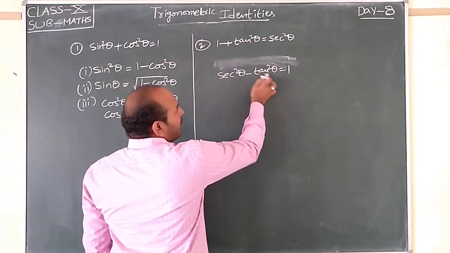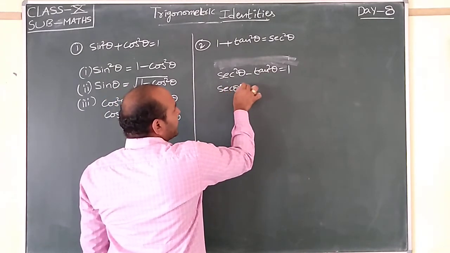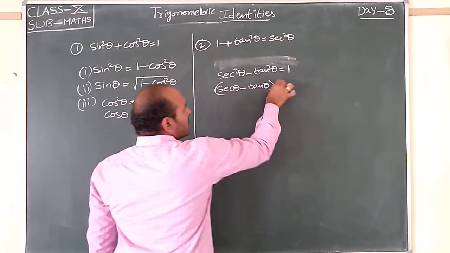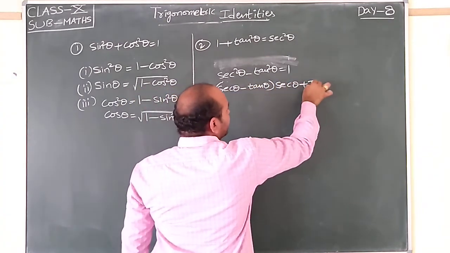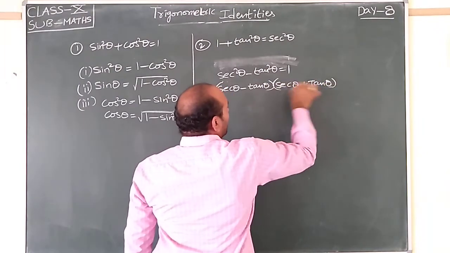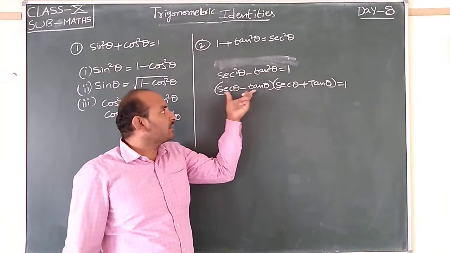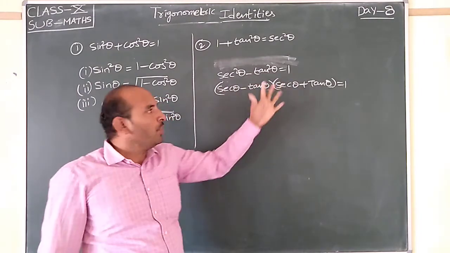And using a square minus b square, you can write secant theta minus tan theta into secant theta plus tan theta is equal to 1 also. A minus b into a plus b is equal to 1.